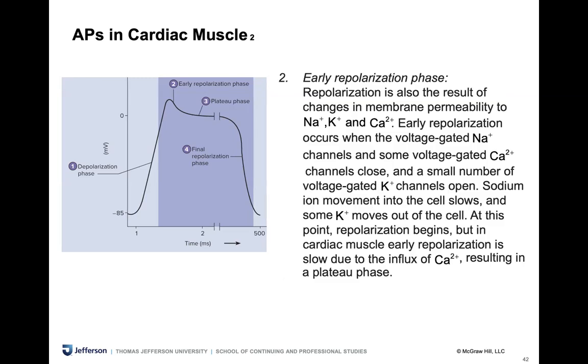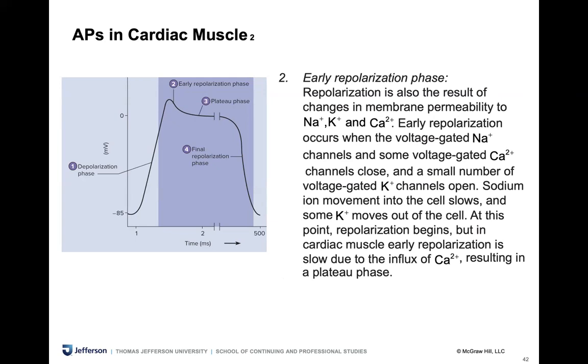During the early repolarization phase, this is where you're going to see some difference to that of skeletal muscles. Repolarization is also the result of changes in membrane permeability to sodium, potassium, and calcium.